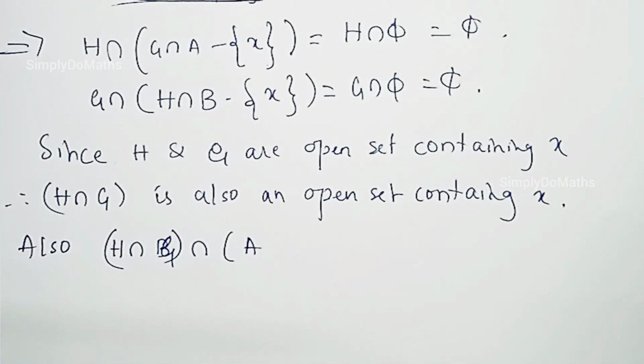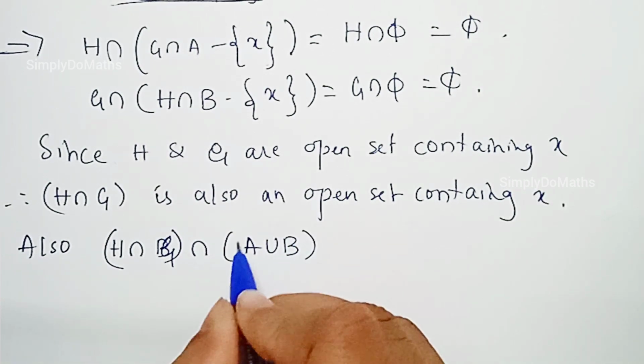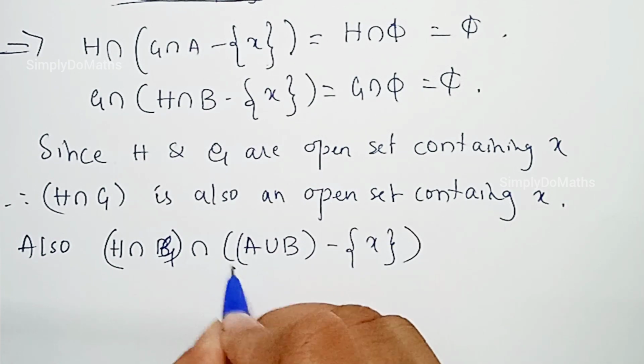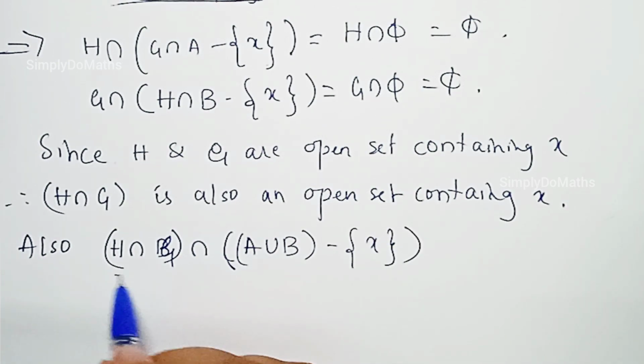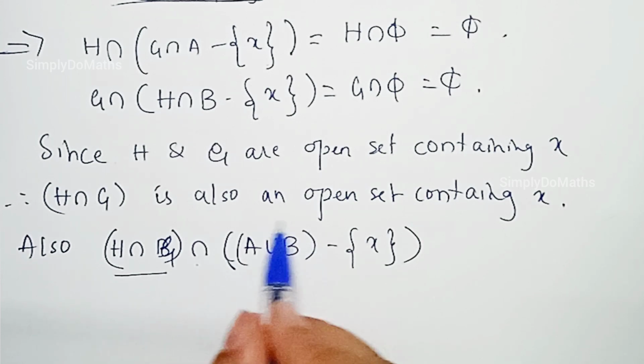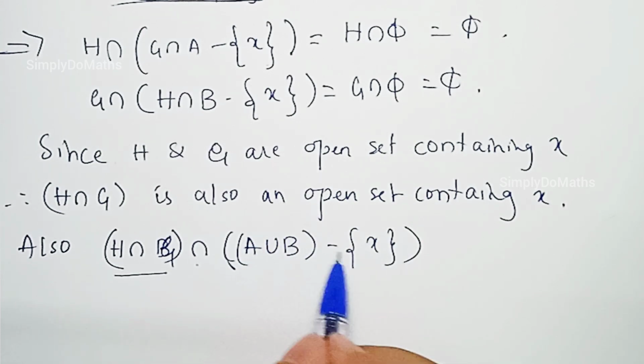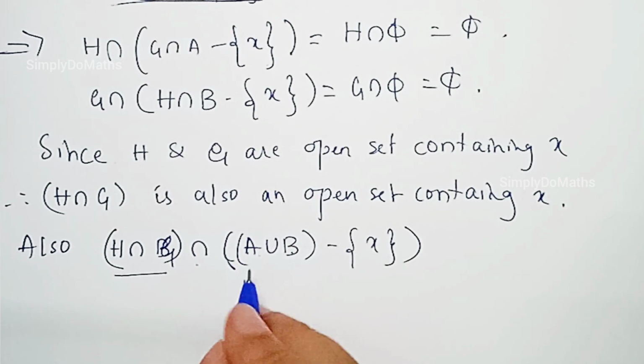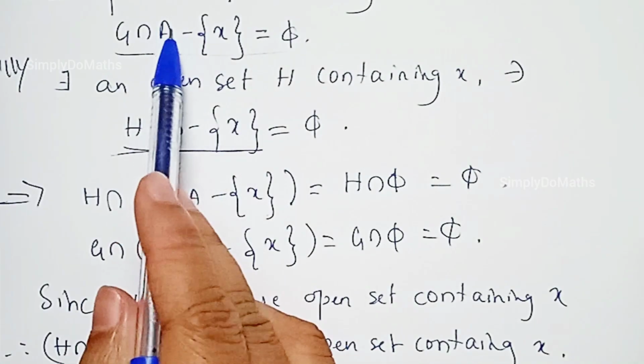the derived set of A union B, which we need. So I am considering A union B minus singleton set X. What is required is any open set intersection the derived set of A union B condition. So for the A union B set, instead of A, here I have written A, no?